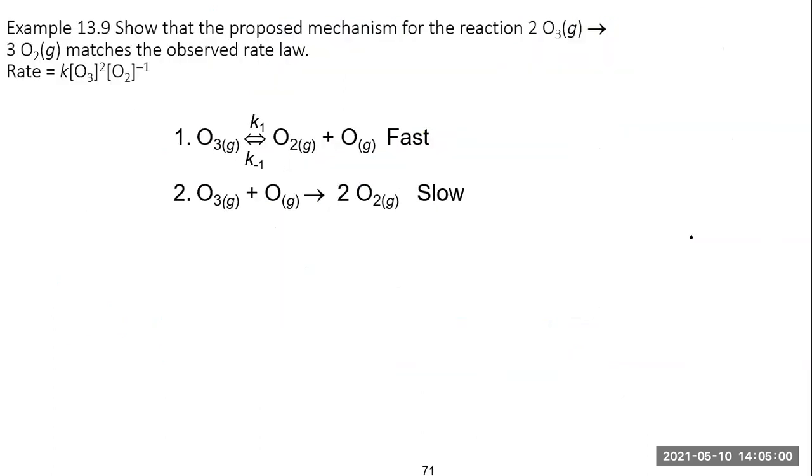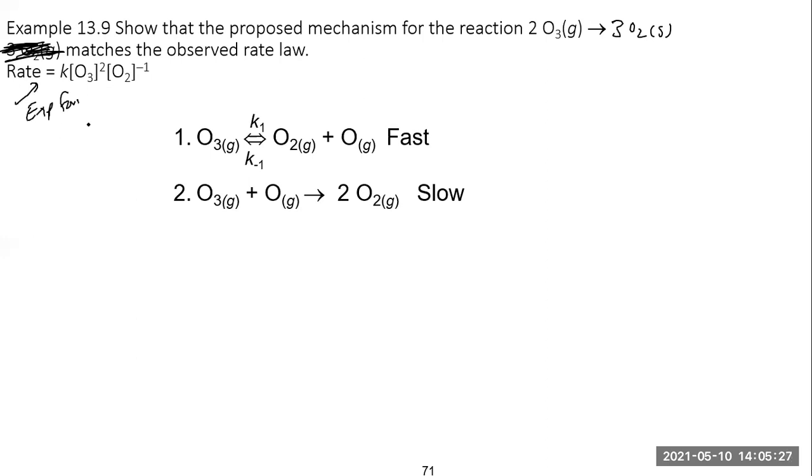Let's see here. All right, so why don't you try one now that I've done one? So for this reaction here, 2O3 goes to 3O2. I'll write it over here maybe because it kind of got spread out over there. There's the reaction. Is this mechanism a good mechanism? This is the experimentally found rate law.